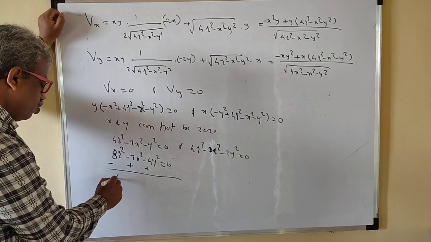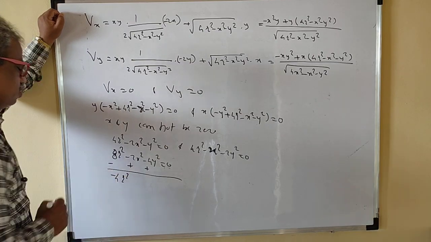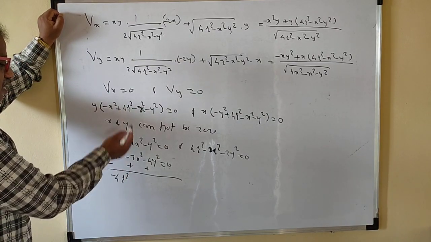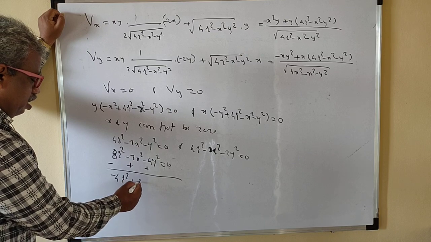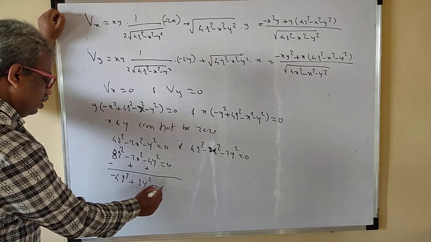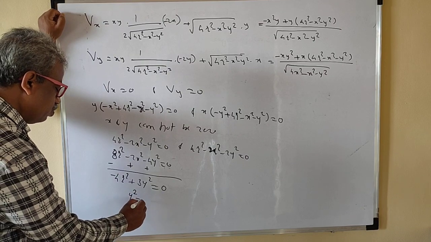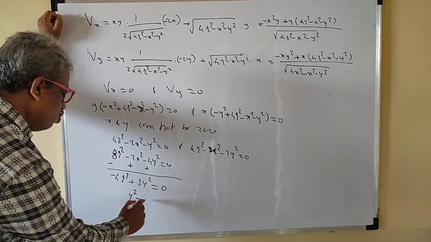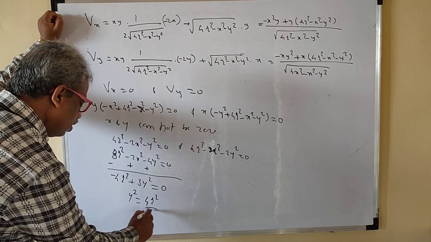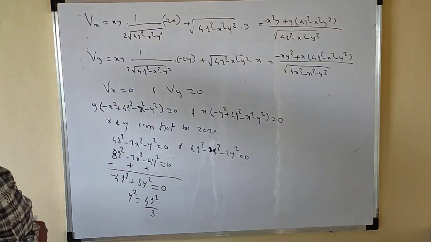So this is what? 8r square minus 4r square, okay, your 2x square cancel. So this is plus 3y square is equal to 0, so 4r square will be there. Then y square is equal to 4r square by 3.